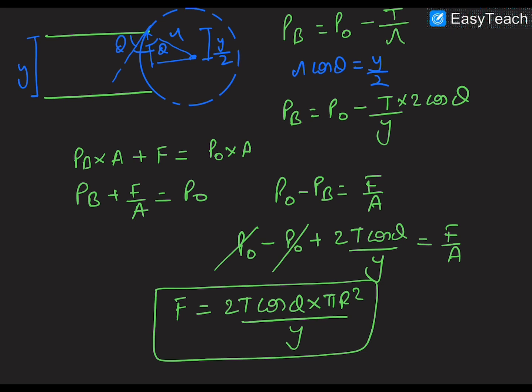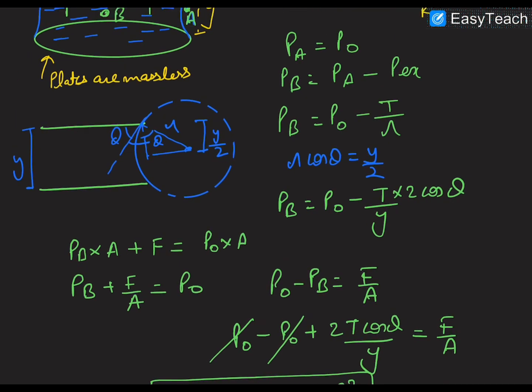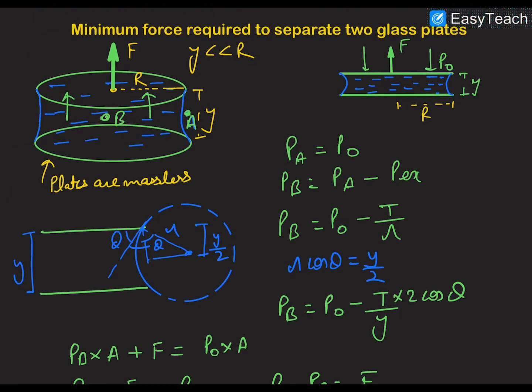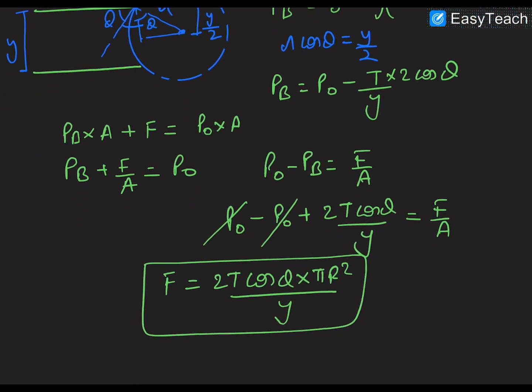This force will be required to separate the two plates from each other, and in such a case, if the angle of contact theta is not given in the problem, then we can assume theta to be 0 and cos theta to be 1. So the force in that case would be 2T pi r square by y.